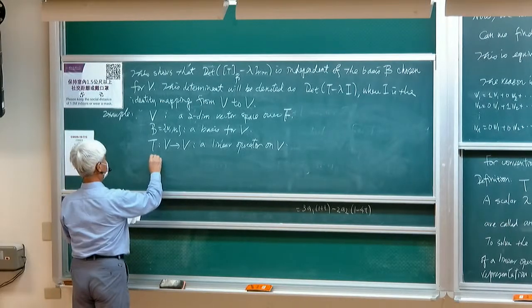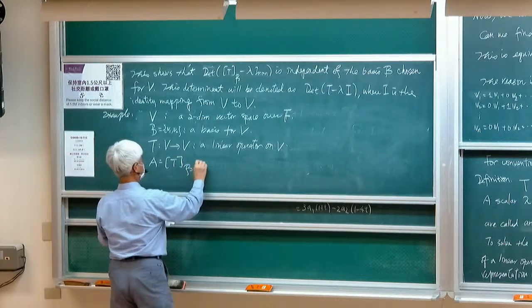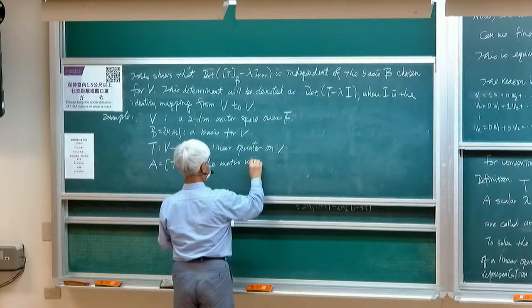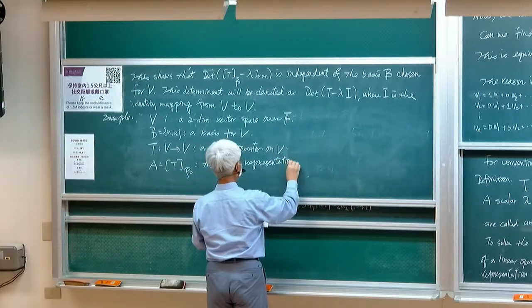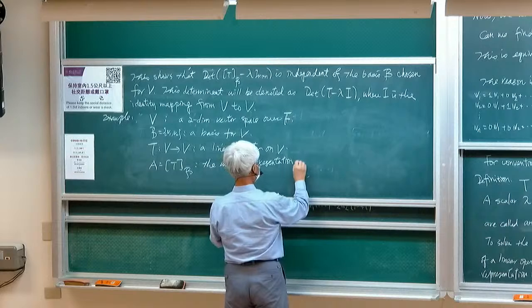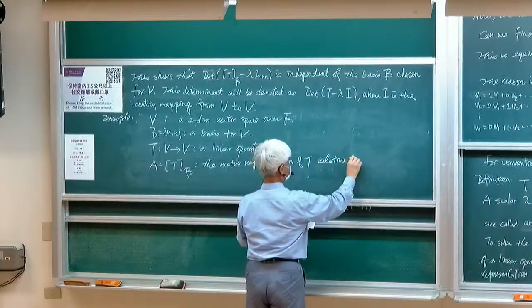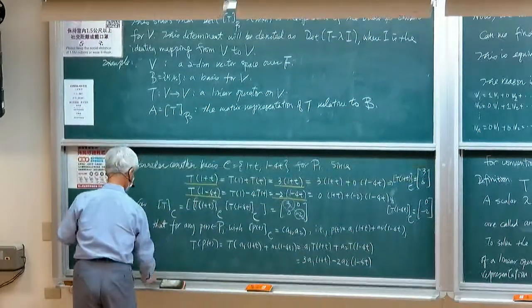Okay, and A would be the matrix representation of T relative to B. All right.